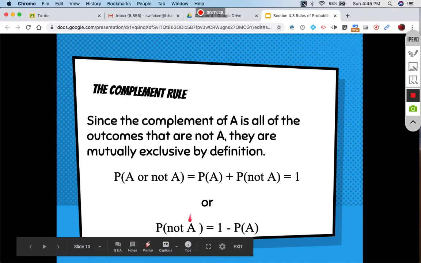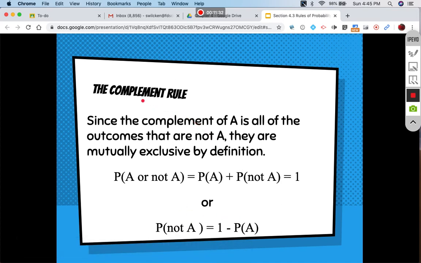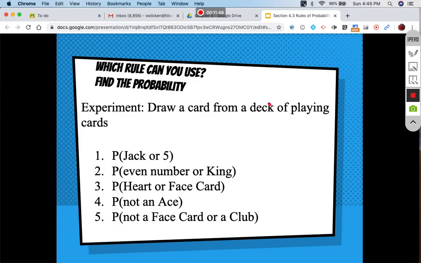So the probability of not A is 1 minus the probability of A. That's the complement rule. If I know the probability of rolling a 4 is 0.05, the probability of not rolling a 4 is 0.95. It's the complement, 1 minus that. So those are our 3 rules.